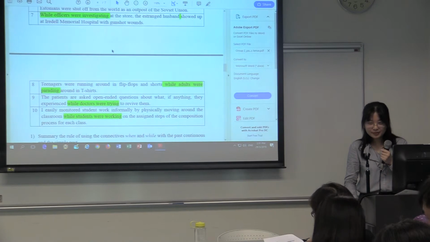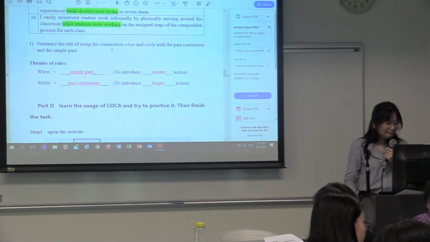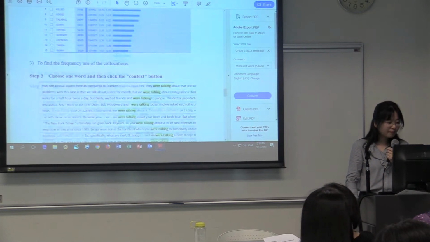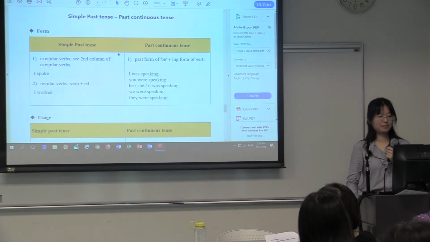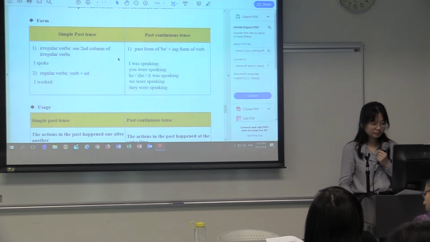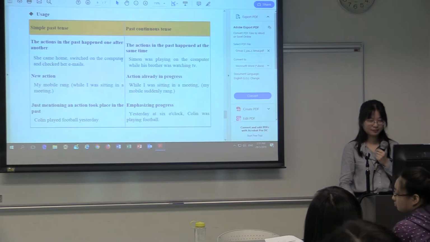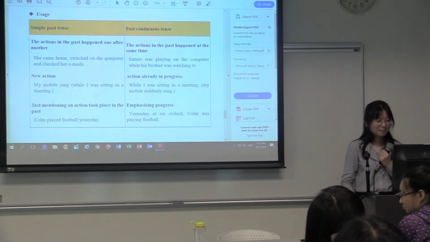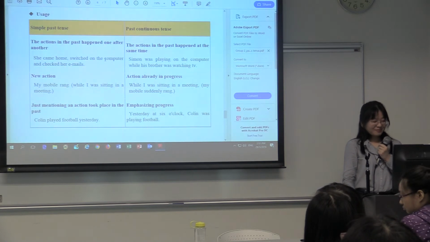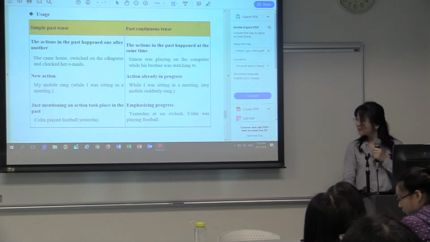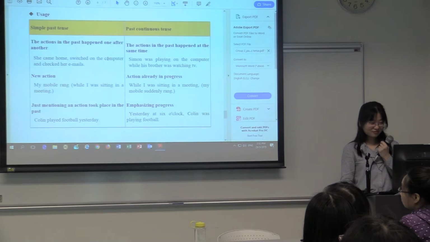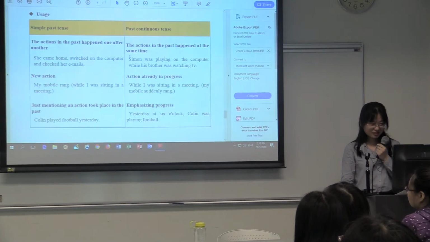How about the usage? Part E, conclusion. You have got a conclusion. I think that's good. The form and then the usage there, about the differences between the simple past and the past continuous. You have got different uses.